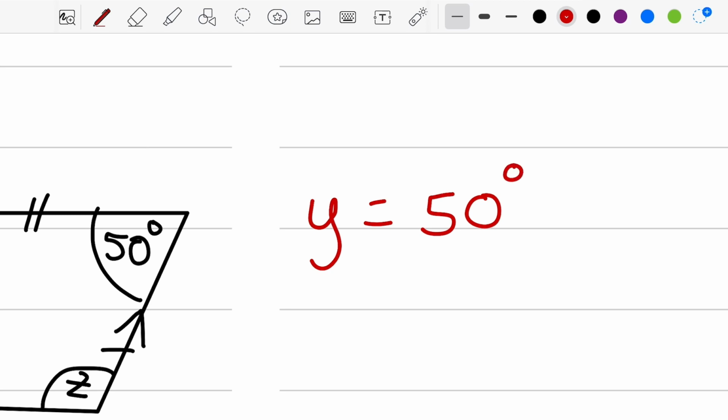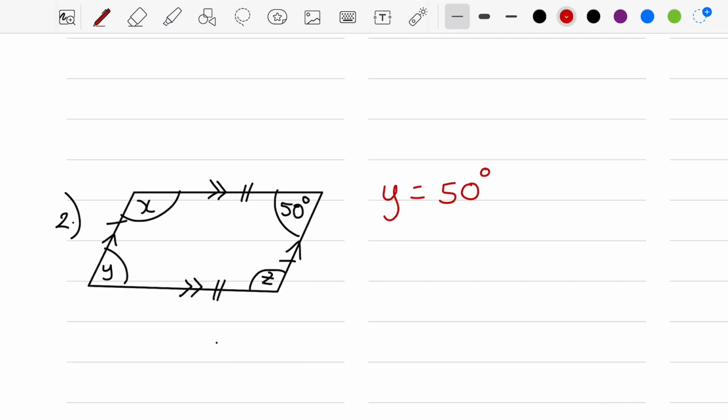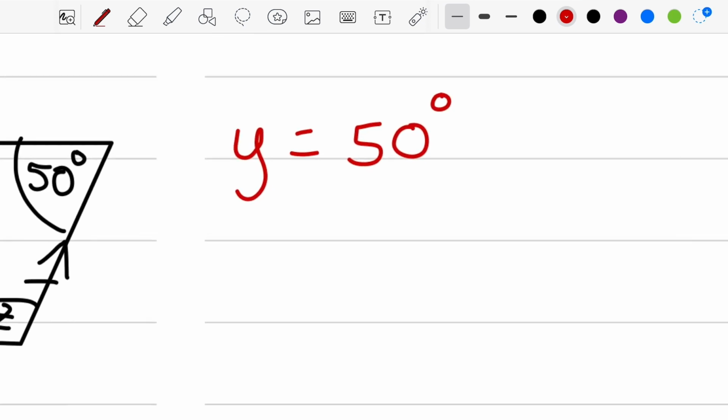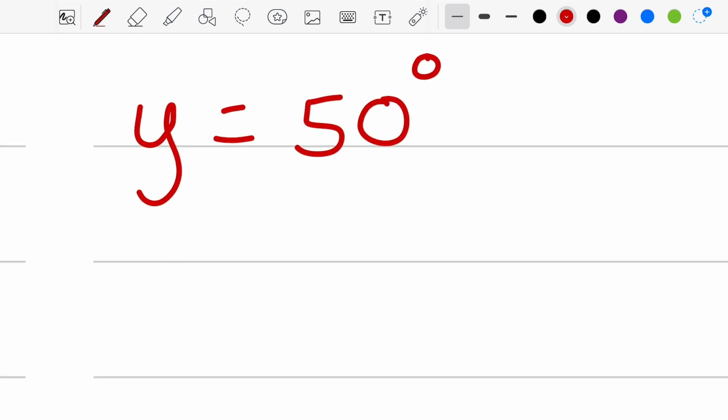Opposite angles are equal in this case. So x and z, how do we get x and z? Well, we take away the known angles from the total.